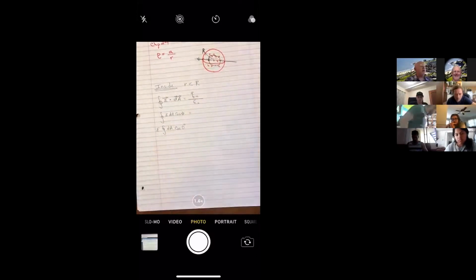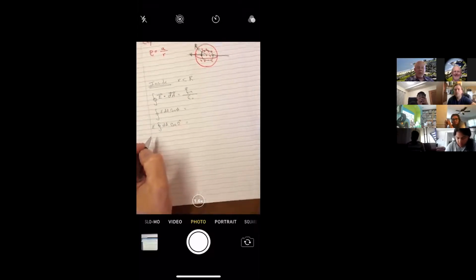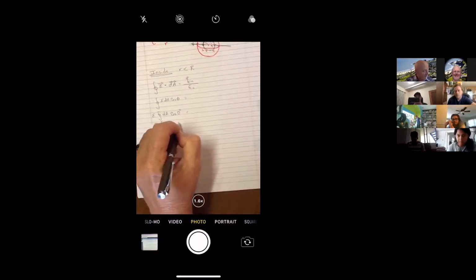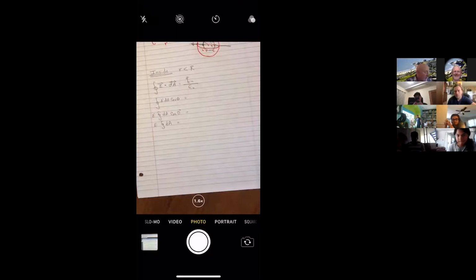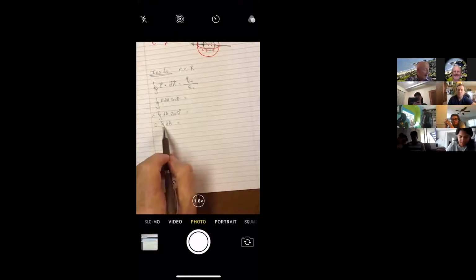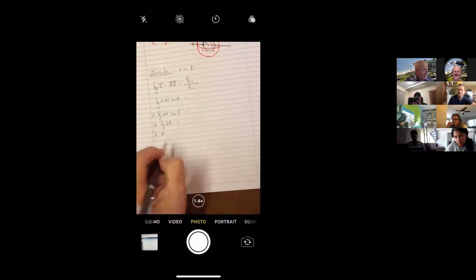So again, we use a bunch of conceptual physics arguments here to make this integral actually very, very simple. What started off looking like a hard integral has now boiled down to something where we don't even have to do the integral. We just interpret the integral. We read the math. This is saying add up the little bits of area, and that just means you'll get the total area.